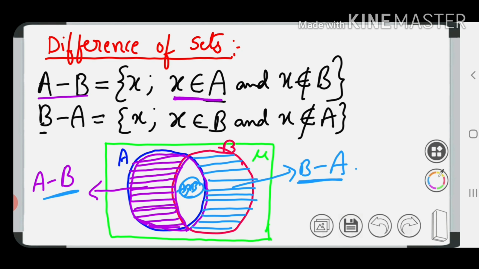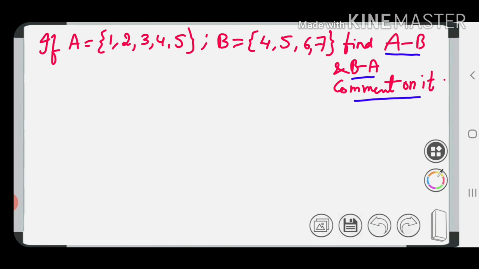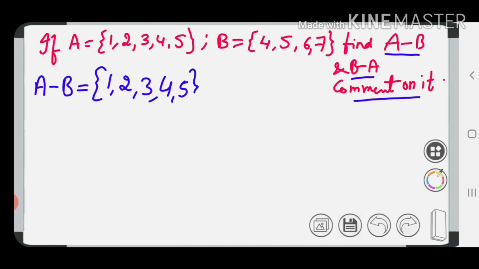Okay, see one problem. A is equal to {1, 2, 3, 4, 5} and B is equal to {4, 5, 6, 7}. Now we have to find A minus B and B minus A and comment on it. So just start. A minus B means first you have to write A set {1, 2, 3, 4, 5} minus B set {4, 5, 6, 7}.